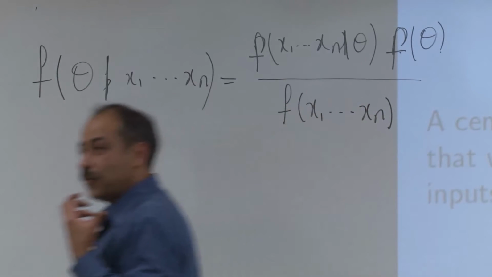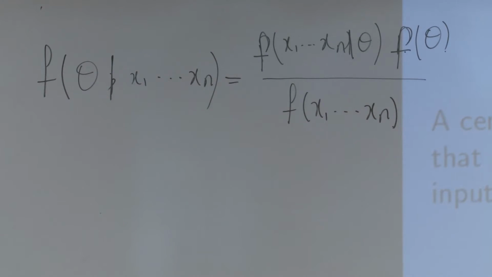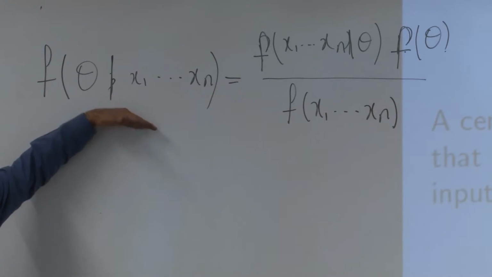So from the Bayesian point of view, when you want to find the parameters of your model, you're maximizing this posterior. Okay?